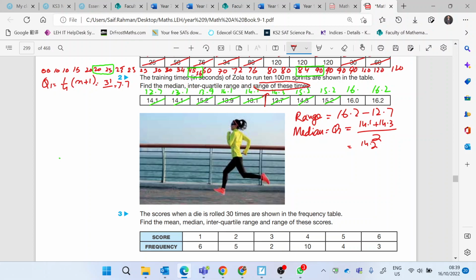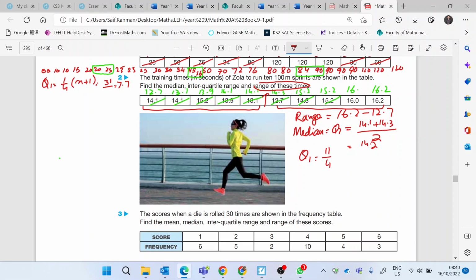And now the interquartile range. For interquartile range, again you have to find the middle of the left hand side here, the middle of this one, and the middle of this one. Okay, so the formula for Q1 is total number of values, these are 10 plus 1, 11, 11 by 4.